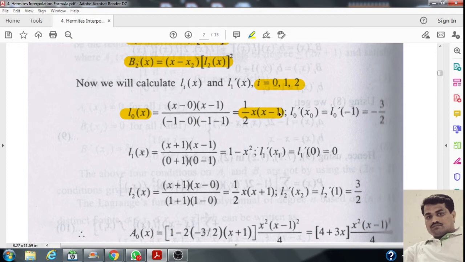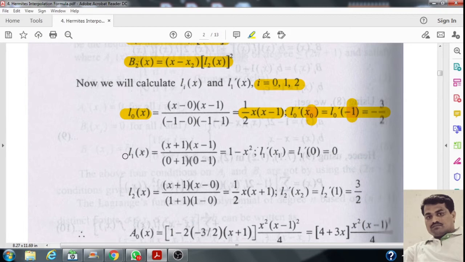Hence we get 2x minus 1. Then we substitute x equal to x0, where x0 is minus 1, and simplify, and we get L0 dash of x0 equal to minus 3 by 2. You can use a calculator for the evaluation of L0 dash of x0.